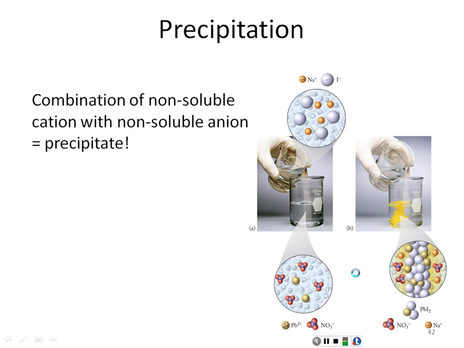So let's look at precipitation. When you combine a non-soluble cation with a non-soluble anion, you get a precipitate. In this example, we have sodium iodide and lead nitrate in solution. When we combine the two solutions, what you see is a yellow precipitate forming, and that is lead and iodide ions coming together and forming the lead iodide precipitate.